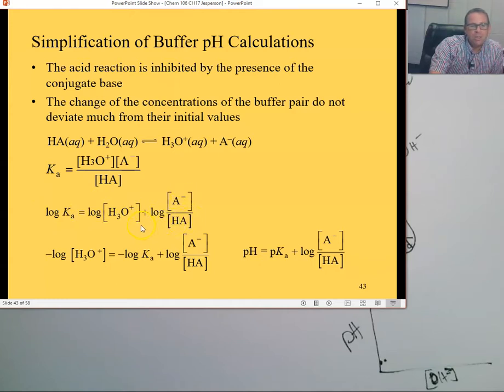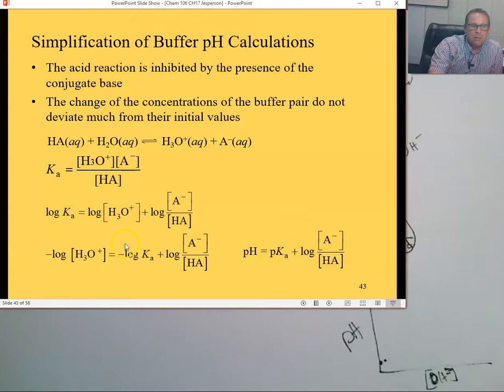But I can change those signs and make this negative log of H3O plus equal negative log of Ka minus the log of A minus over HA. I switched: I brought this over here and brought that over there. That's why they became negative. This stays positive. And then negative log of H3O plus, that is the pH.